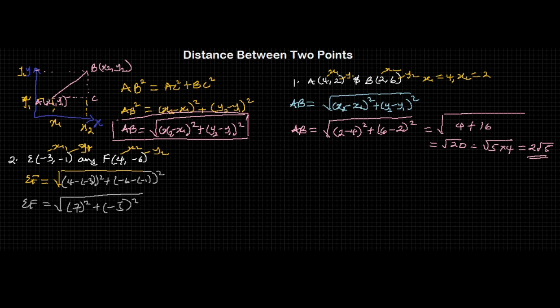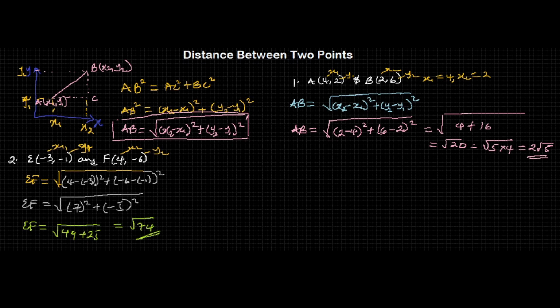So EF is going to be equal to square root of 49 plus 25, which is square root of 74, and that is the distance between point E and point F.